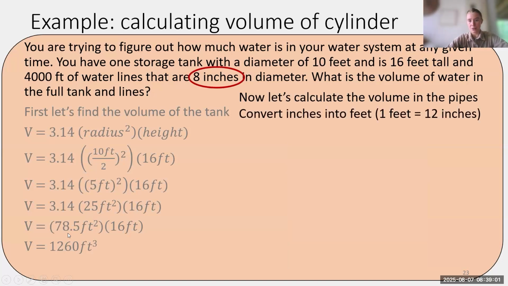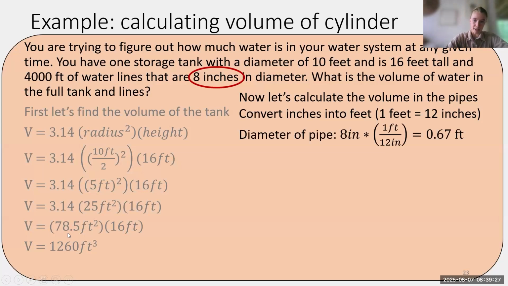So first we're going to convert inches into feet. So we know that the water lines are 8 inches in diameter. Because we're calculating the total volume in cubic feet, we're going to need to convert those inches in diameter to feet. So we know that we have a conversion factor, right? And that conversion factor is going to be for every 1 foot, we have 12 inches.